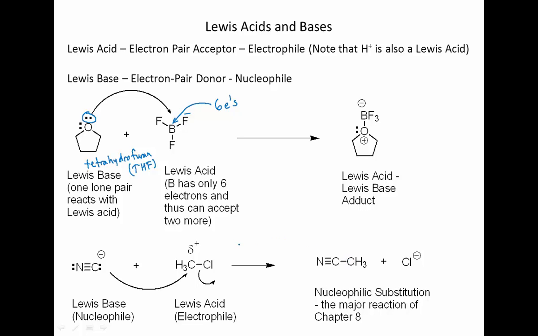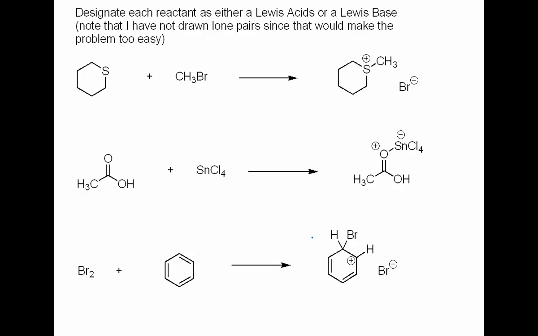This reaction here is an example of something known as the SN2 reaction, which when it comes to late October is where we'll be studying this reaction. Alright, so here's a problem for you.